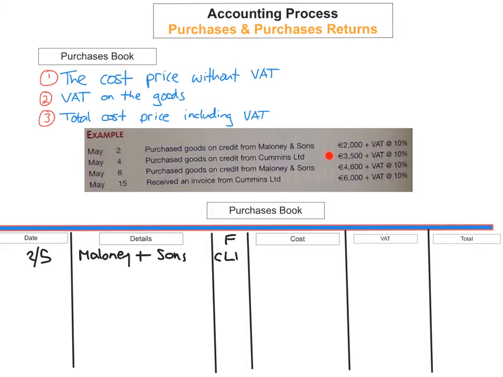The cost was €2,000, so we put in €2,000. That's excluding the VAT. Then we work out the 10% VAT: 10% of 2,000 is 200. And the total would be 2,200. The next one is the 4th of the 5th, and that was Cummins.